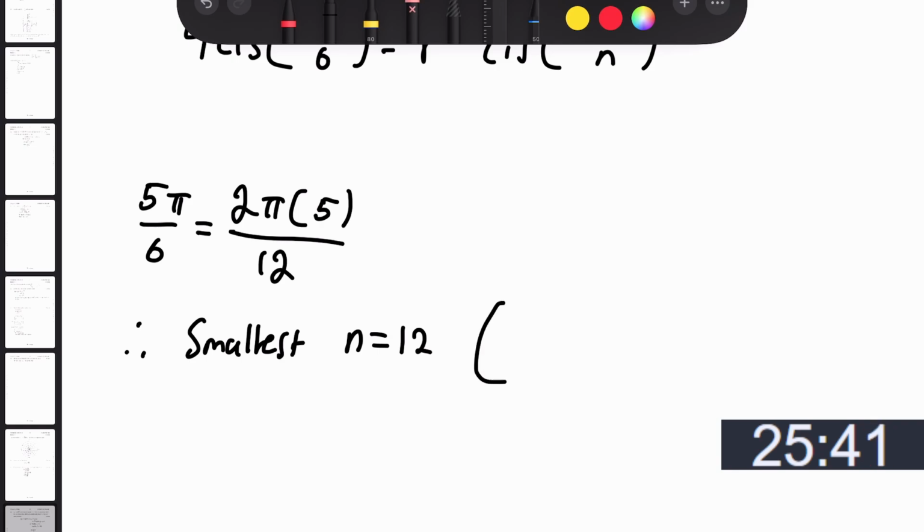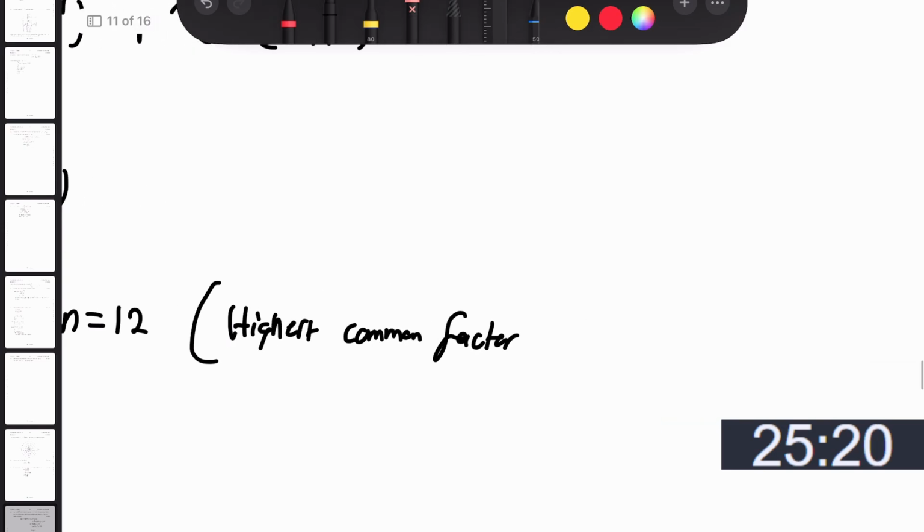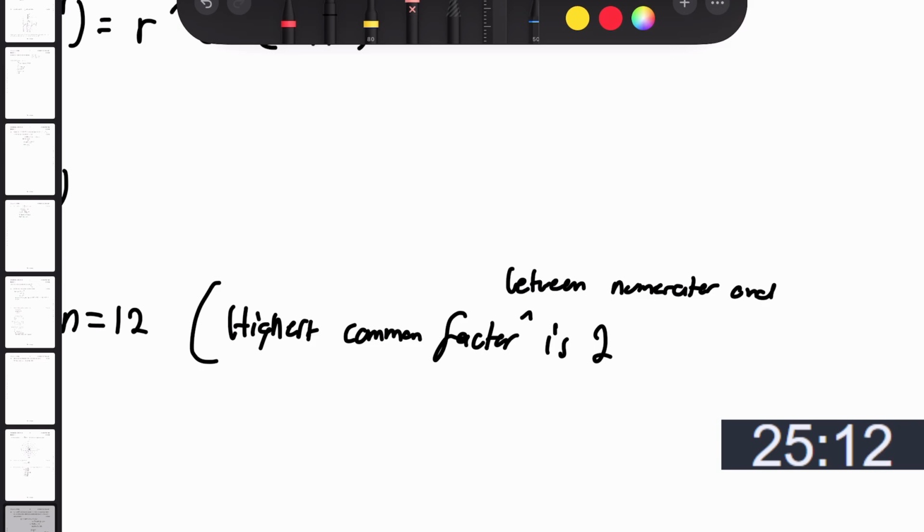Smallest n is that. How do I explain why this is the smallest? Lowest or highest common denominator, or highest common factor is 2 between numerator and denominator.